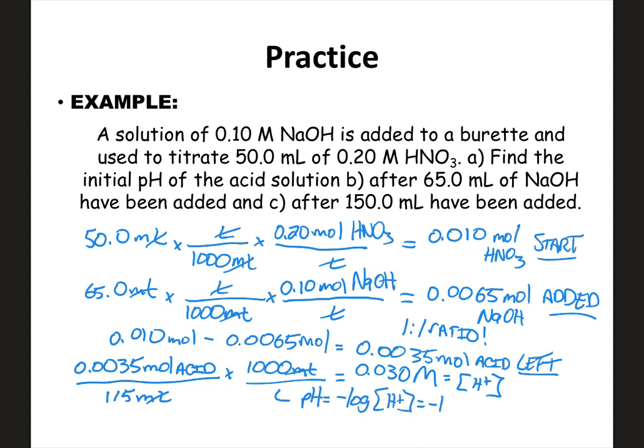So the negative log of 0.030 is equal to 1.52. Okay, so I did not reach the equivalence point yet, so I haven't neutralized all of the acid that was there. I had some acid left over, and the pH I calculate reflects that there's still some of that acid left over because it's a very low pH.